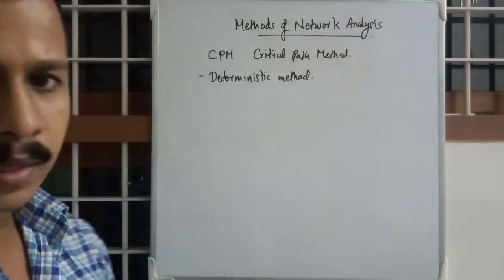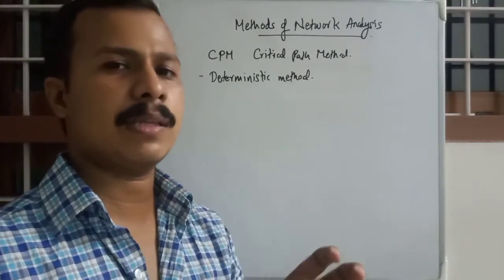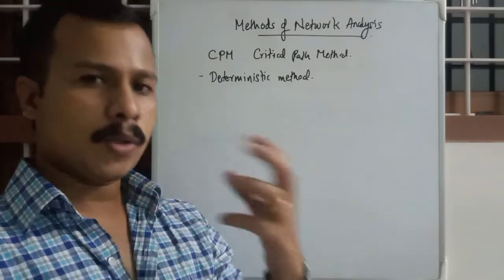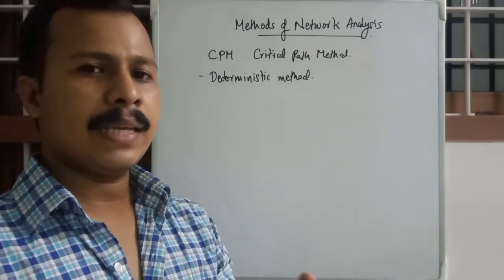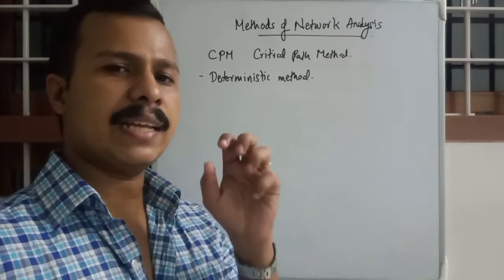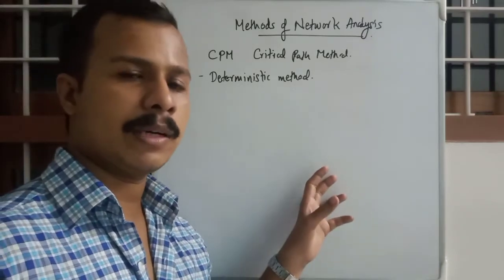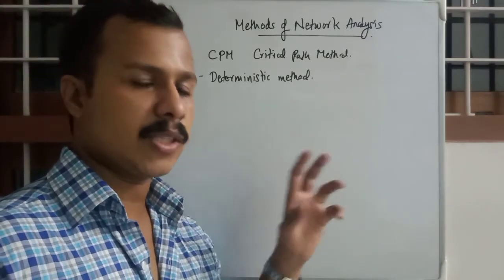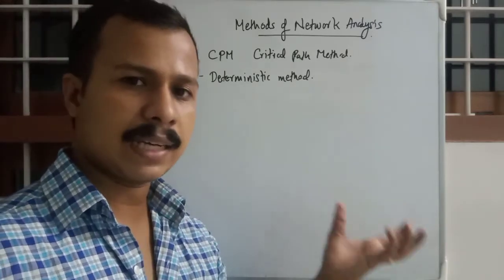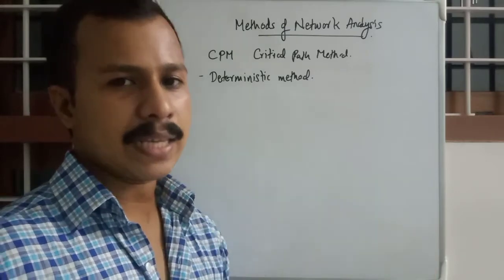It means whatever duration and whatever activities we are considering, all the duration and cost forecasts will be deterministic. There will be no probability study. We are studying it in a realistic manner. We determine that a particular entity will take such hours or such days. If plastering will take 3 days, it is determined that it will take 3 days.